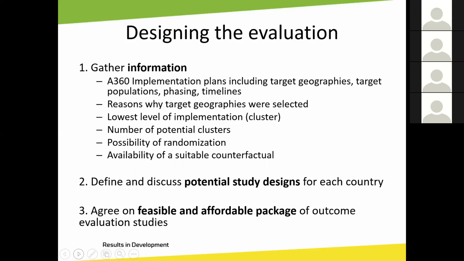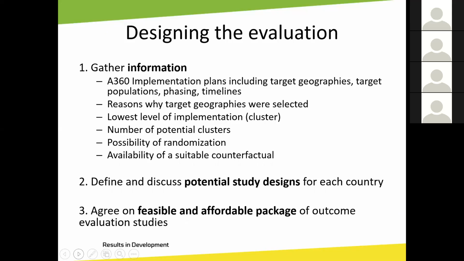And linked to this, the number of potential clusters or areas that will receive intervention, whether randomization of A360 to certain areas or populations is going to be possible, and is there a suitable counterfactual? And I'll go into these in a moment.